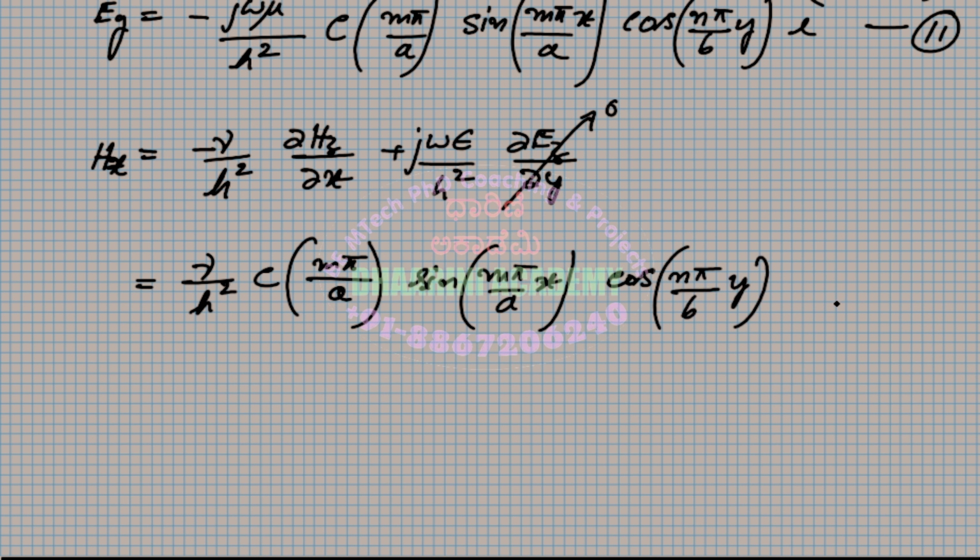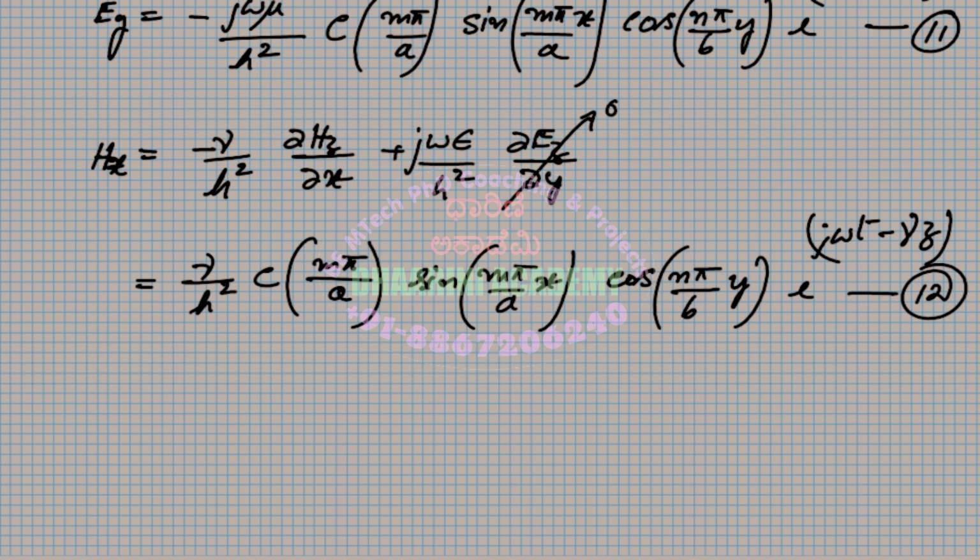Then write the terms as they are, that is e to the power j omega t minus gamma z. So this will be equation number 12. This is the governing equation for the magnetic field component along the x-axis when a TE wave, that is a transverse electric wave, propagates through the rectangular waveguide we considered. Is that okay? That is Hx.